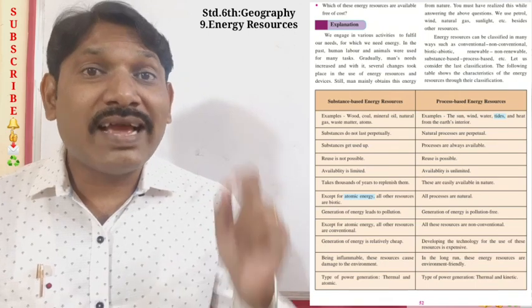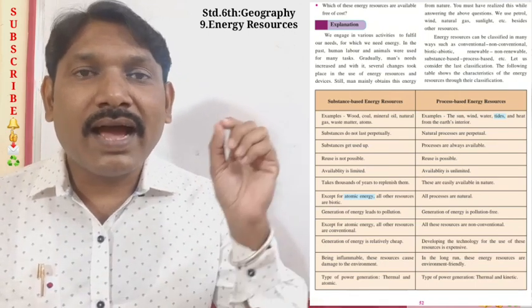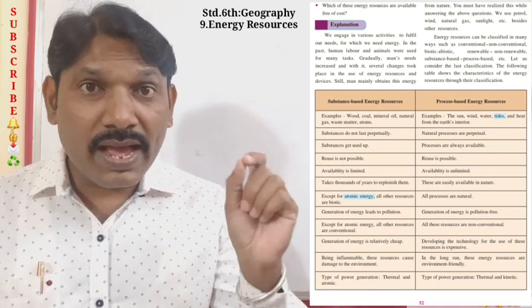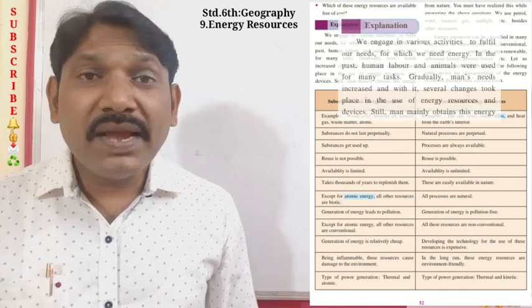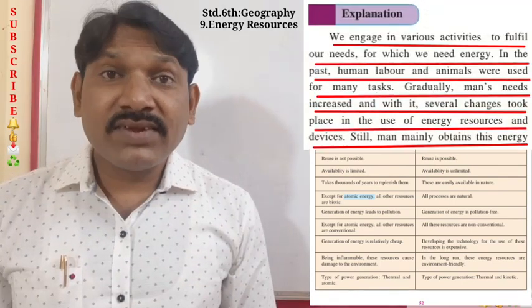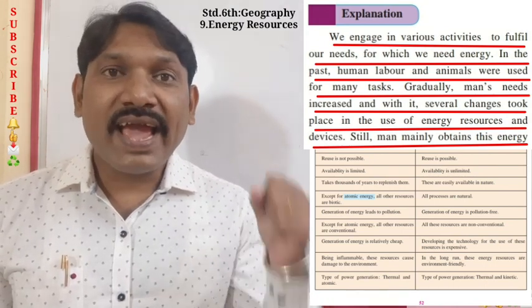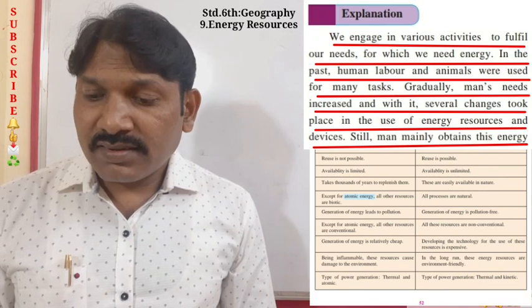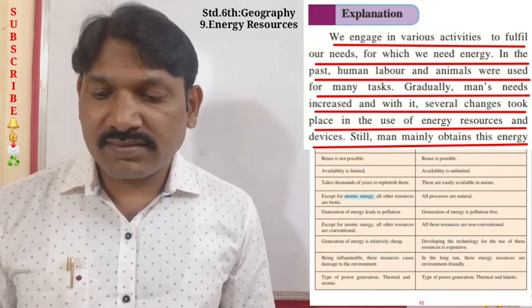Students, I always insist that reading is very important. Read and understand. So I am reading the text for you. Page number 52. We engage in various activities to fulfill our needs, for which we need energy. In the past, human labor and animals were used for many tasks.